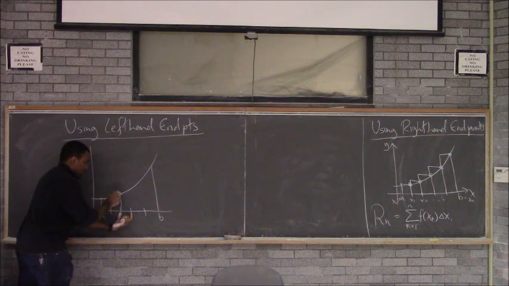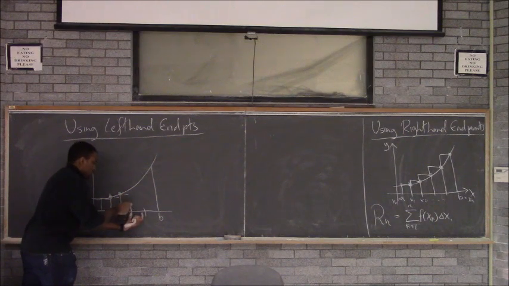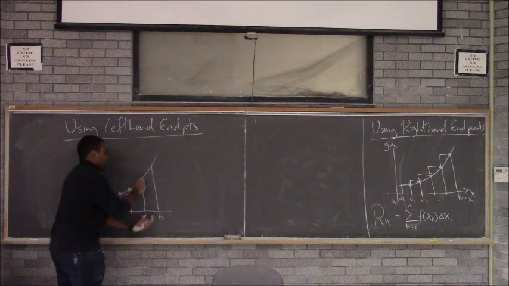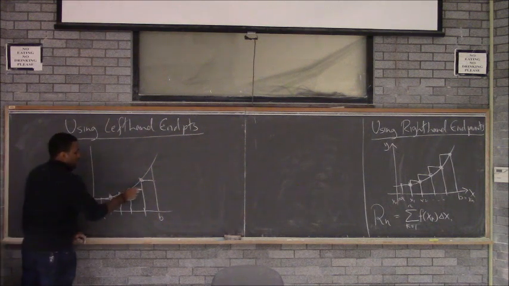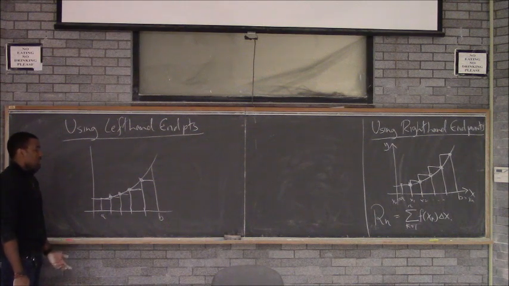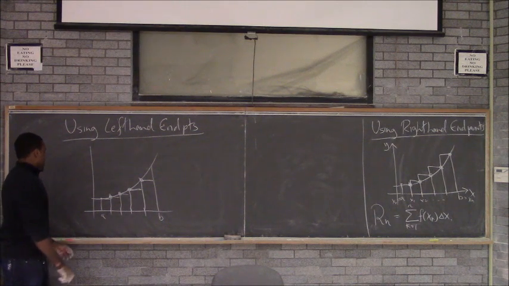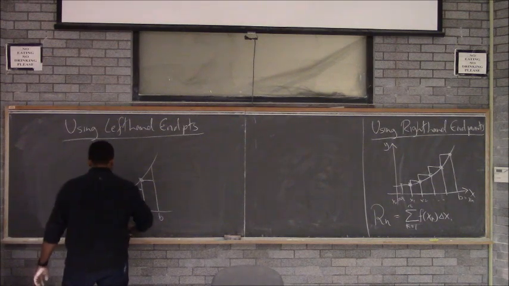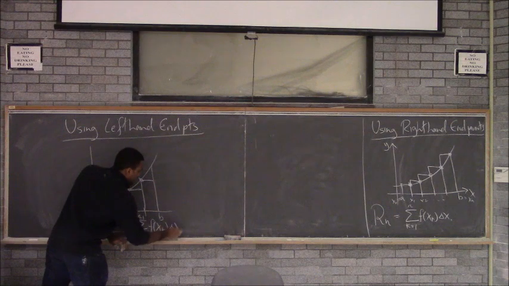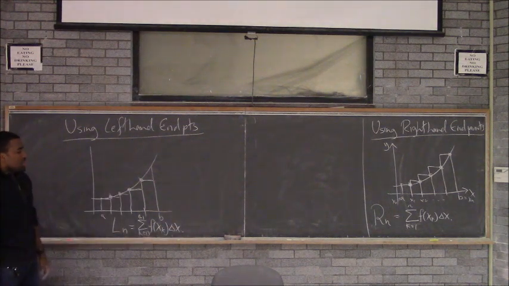Third, fourth, fifth, the same. So I can approximate the area under the curve using these rectangles. This is called L sub n. And you will notice that this is the sum as k goes from 0 up to n minus 1 of f of xk times delta x. That's called the left-hand approximation for the area under the curve.